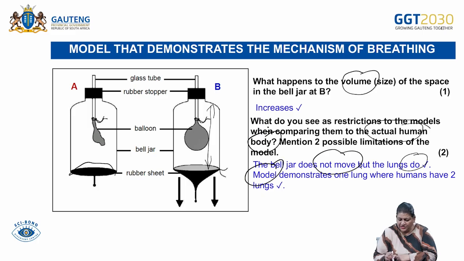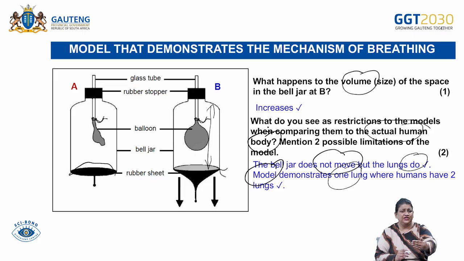So, the model demonstrates one lung, whereas humans have two lungs. In this particular one here, it's showing you as if humans have one lung, but we know we have a left and a right lung. All right. Also, it's showing you that our rib cage is rigid and doesn't move, and that's false. Our rib cage does move up and out, down and in.